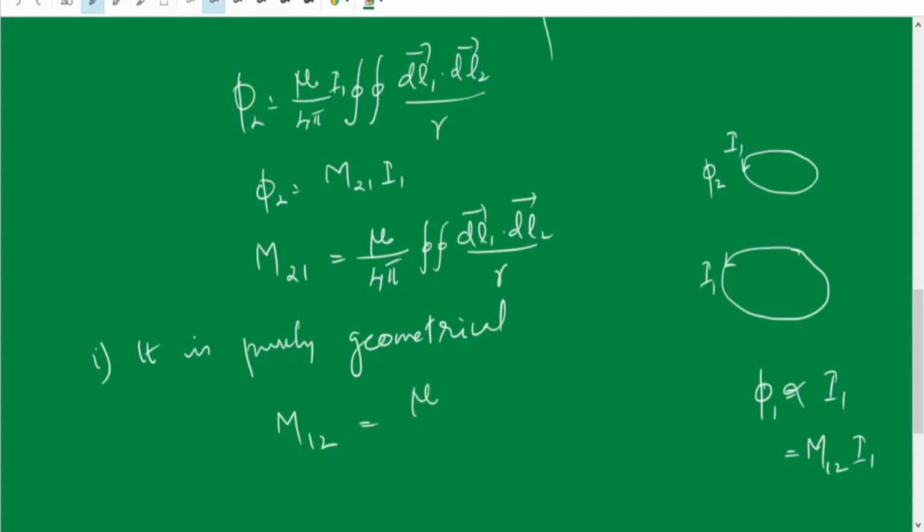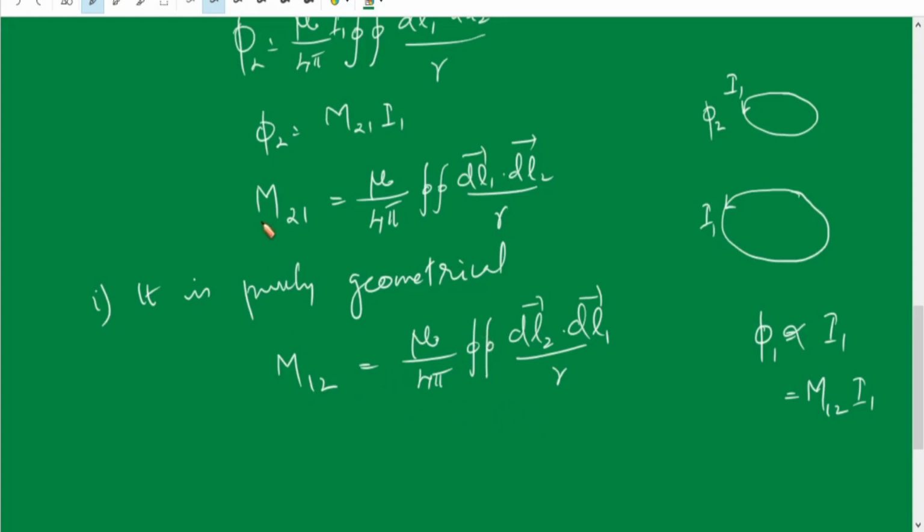M12 is equal to mu 0 divided by 4 pi, closed double integral of dl2 dot dl1 divided by r. Okay, so dl1 dot dl2 is equal to dl2 dot dl1.